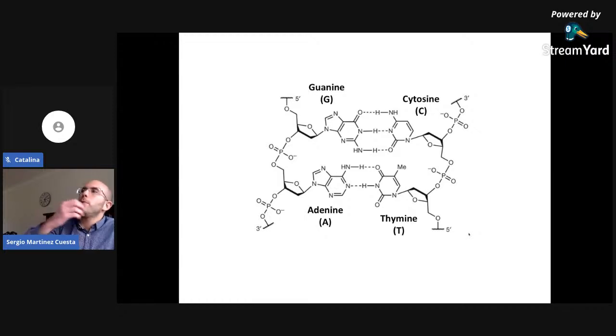So here I'm showing you the Watson and Crick hydrogen bonding. And here in circles, I'm showing you the hotspots of modifications happening in DNA. So you have this position in cytosine. Okay, you tend to have a lot of modifications there.